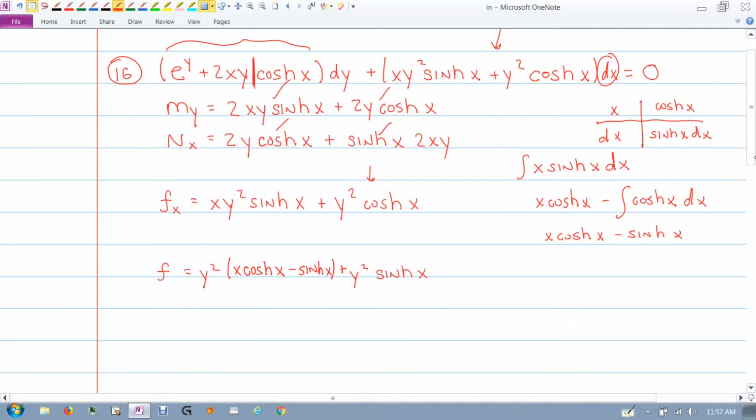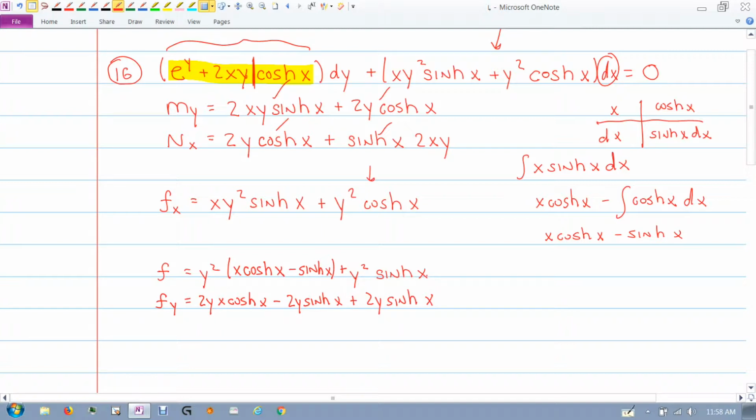Now, we're going to take the derivative of this with respect to y and hope that it matches up with this and see what we're missing there. So when we do that, we get 2y, and then I'm going to distribute now, x cosine hyperbolic x minus 2y sine hyperbolic x plus now 2y sine hyperbolic x.